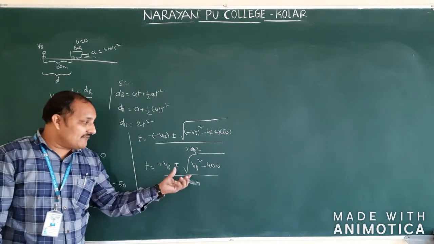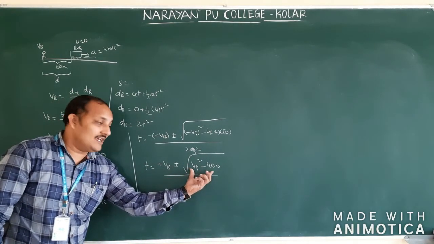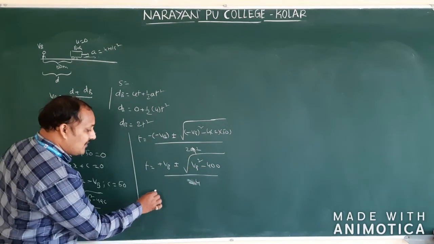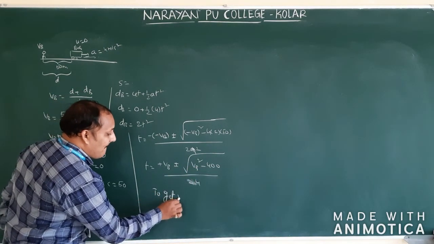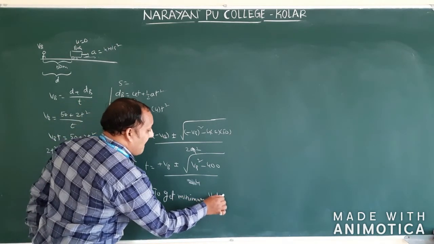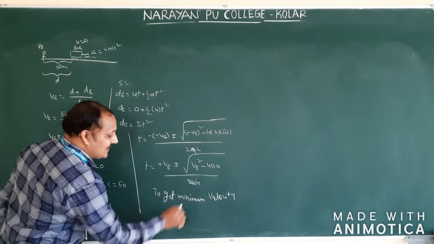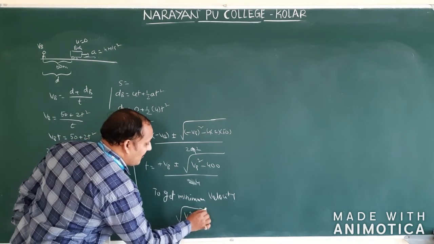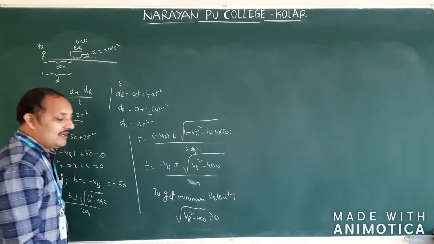So to get the minimum velocity, this term should be a positive value. We should not get this value negative. Therefore, to get the minimum velocity, what is the condition? Root of vb square minus 400 should be greater than or equal to 0.